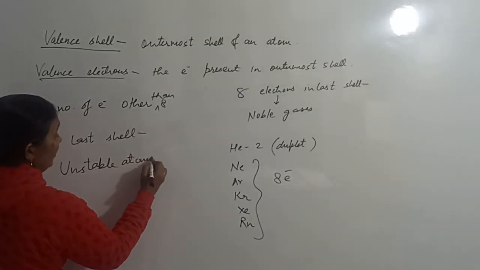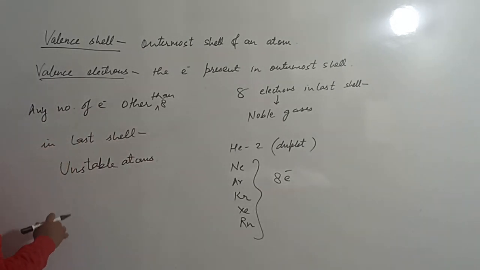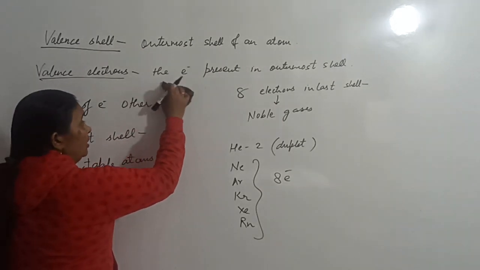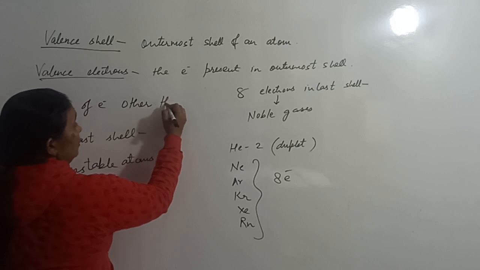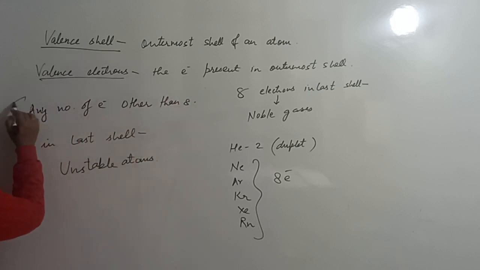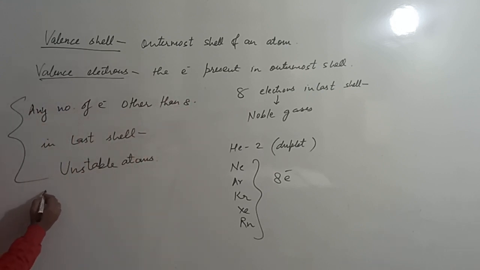Hydrogen is not among them in the same sense. Hydrogen has 1 electron and 1 shell, so it needs only 1 more electron to become stable.